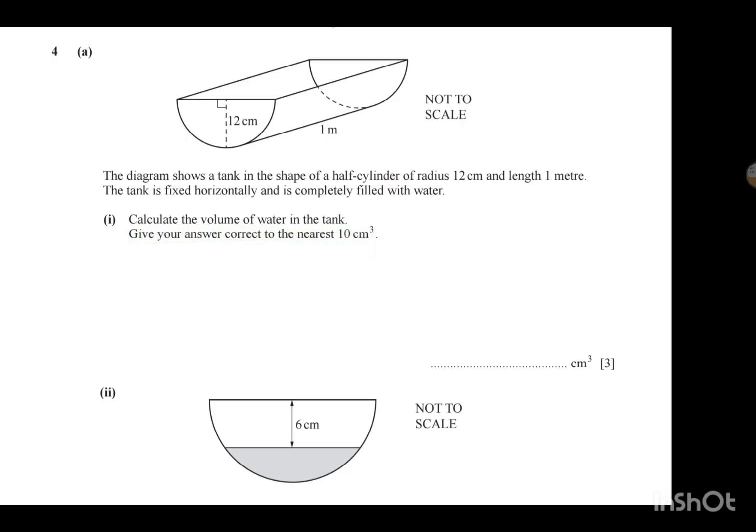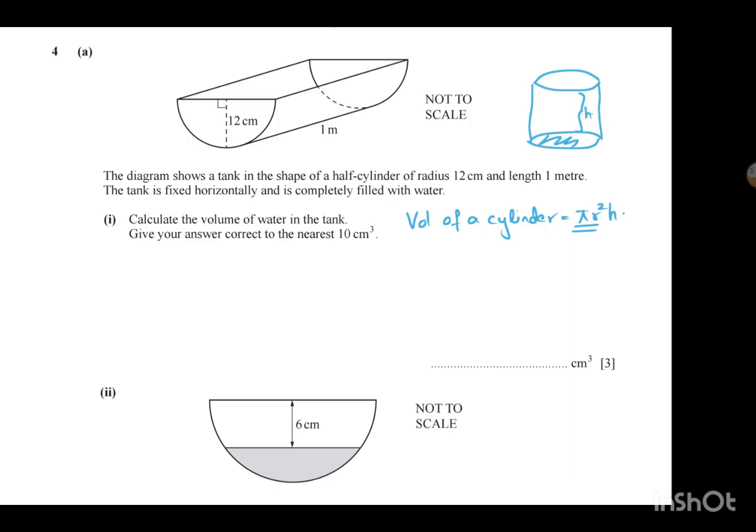So the volume of a cylinder, a complete cylinder which is not a half cylinder, is pi r squared h. Now pi r squared is the area of the circle because the cylinder has a base and top as a circle. So pi r squared multiplied by height, the area of the circle multiplied by height, is the volume of the cylinder.